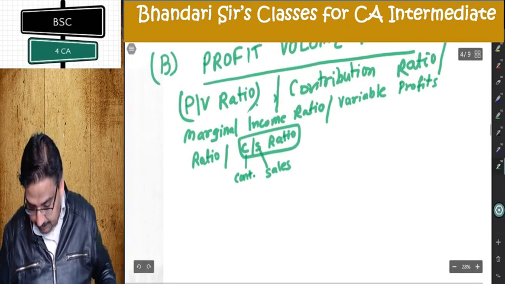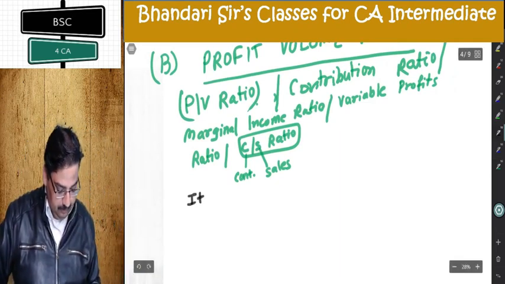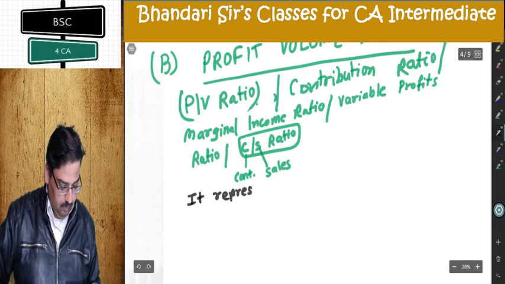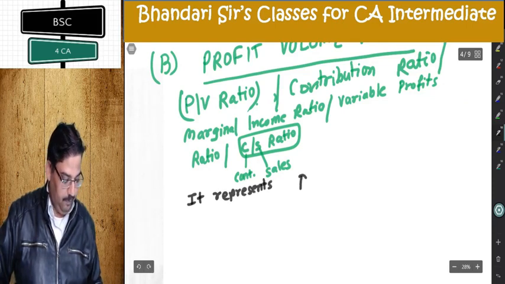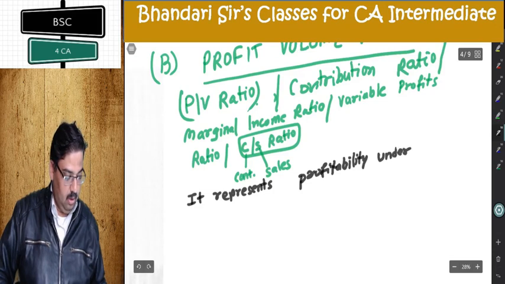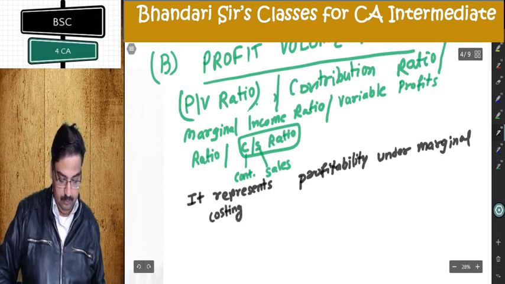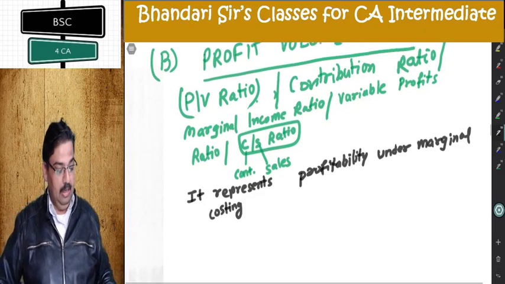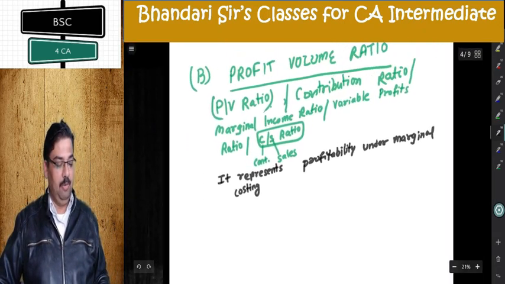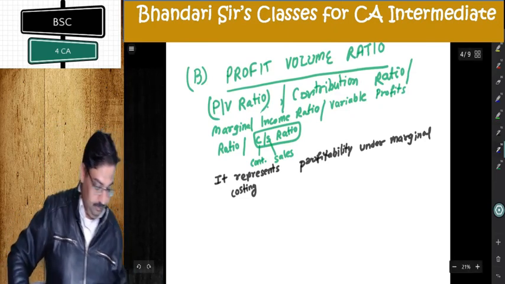So you can write there, it represents profitability under marginal costing. It is relative profit that we are explaining, which is profitability under marginal costing.